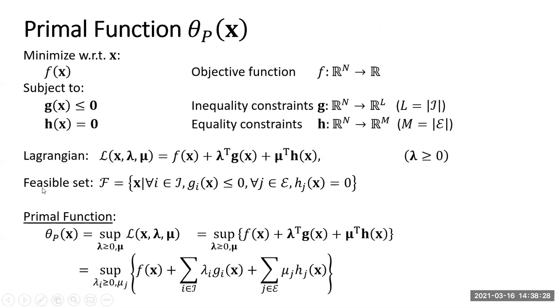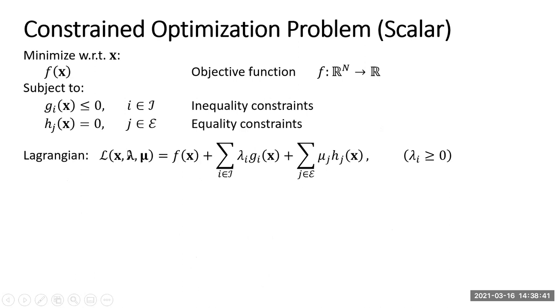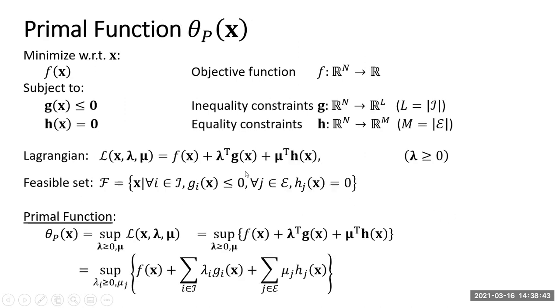And the feasible set F is the set of all x's which satisfy the constraints. Okay, in vector form, we can write the inequality and equality constraints in this manner. Bold G now is a vector function. G of x is less than or equal to 0, where G is a mapping from Rn to Rl.